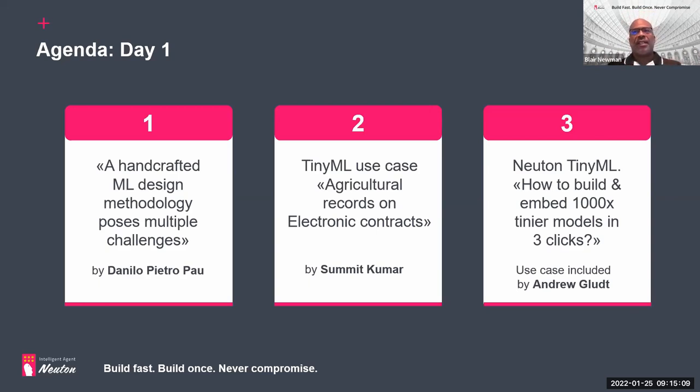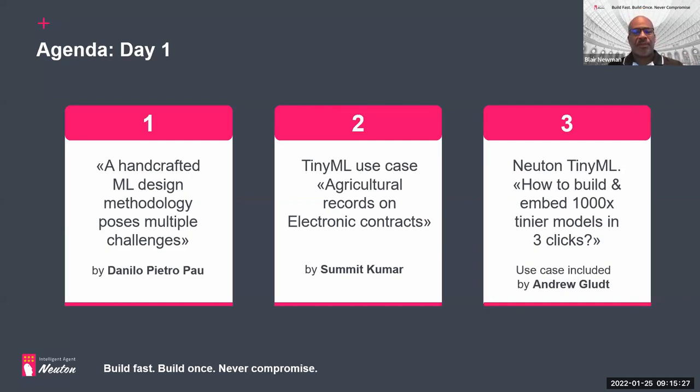So when you look at today's agenda, it will be kicked off by Danilo Powell, who will be covering handcrafted ML design methodology and the challenges it poses. I'll introduce Danilo formally in just a moment.